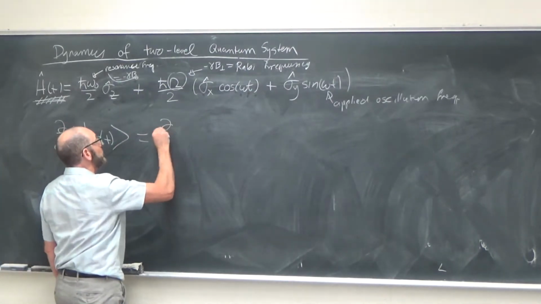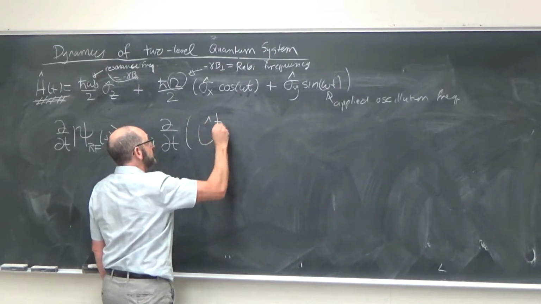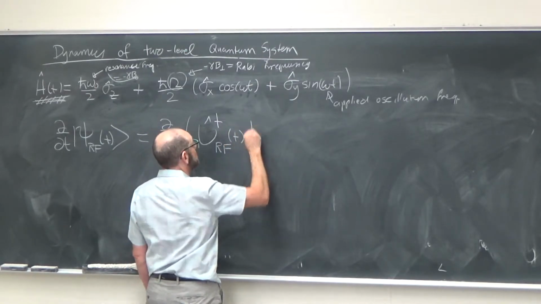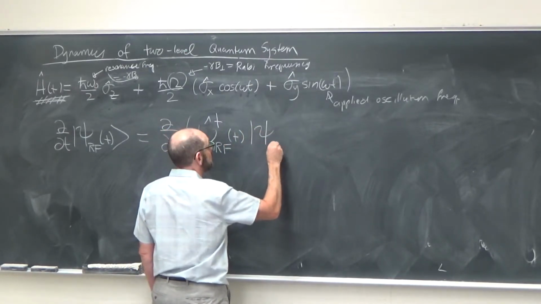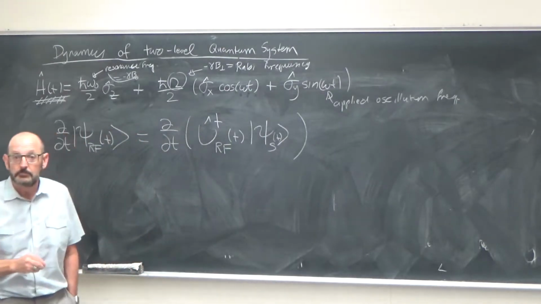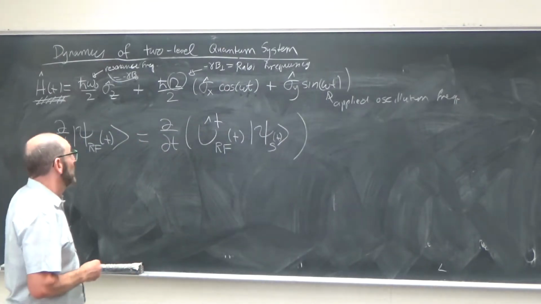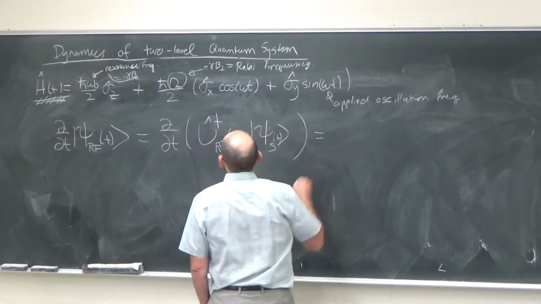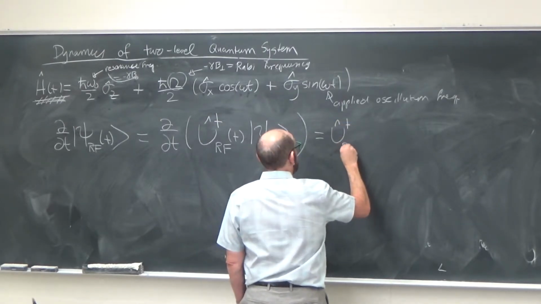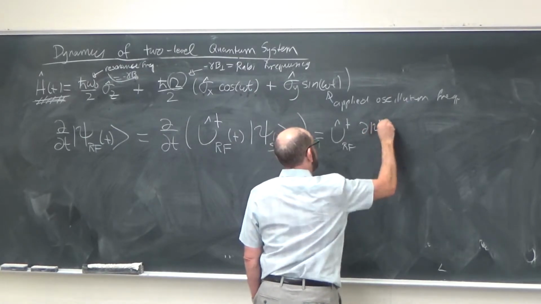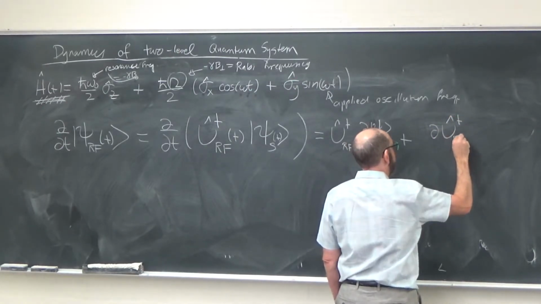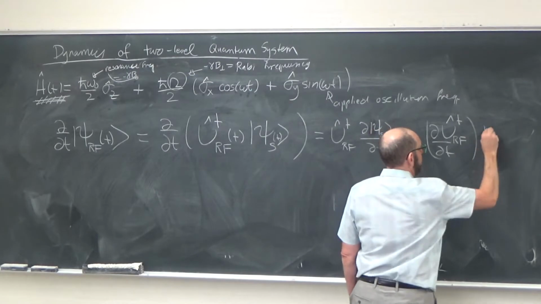Well, what is that equal to? I take the time derivative of the state in the Schrodinger picture, but I also have to take the time derivative of that transformation according to the product rule.